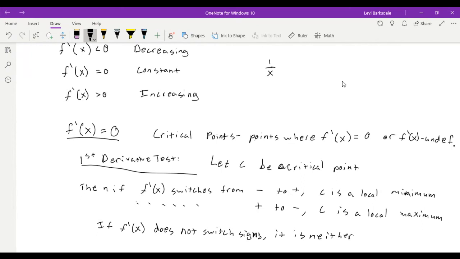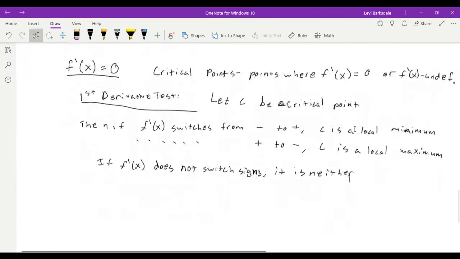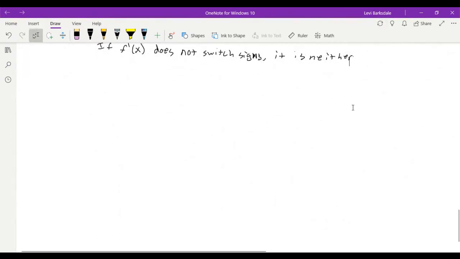So in order to kind of show you what's going on, I'm going to just go over a brief example. Let's say we have a function f of x equal to x to the fourth plus 1 divided by x squared. First, we need to find our critical points, which are where our first derivative is equal to 0. And to do that, we need our first derivative.